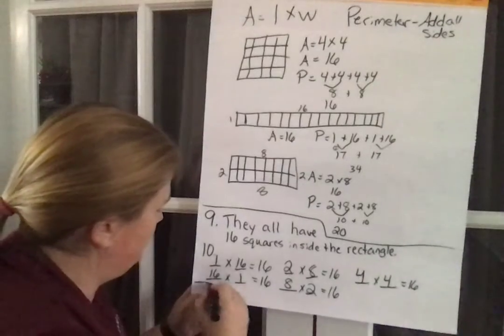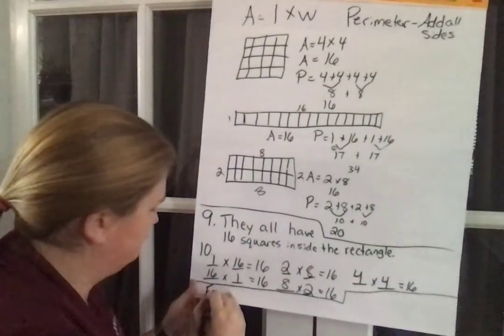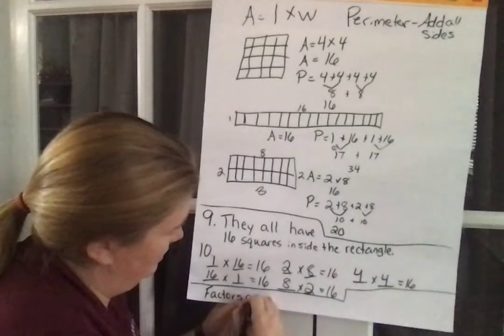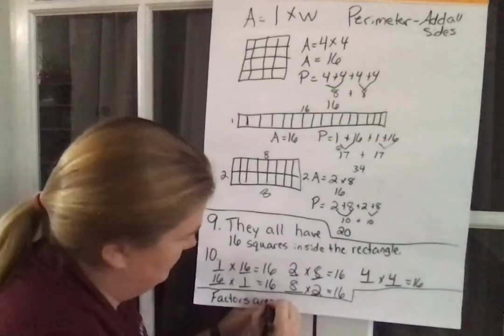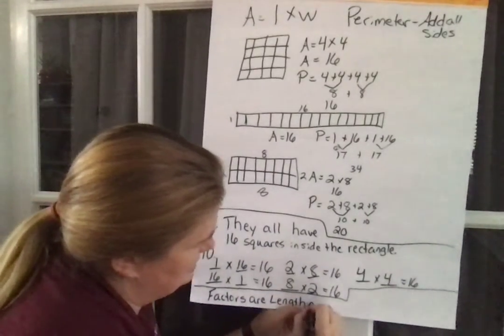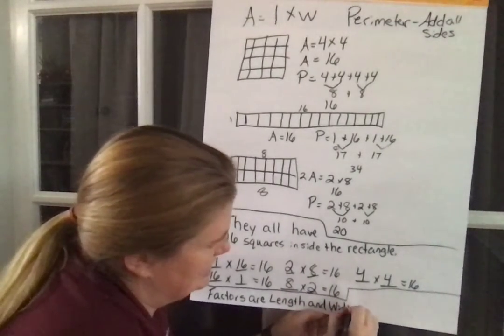Product means the answer to multiplication. So our second part of number 10 is we're going to say the factors are length and width, W-I-D-T-H.